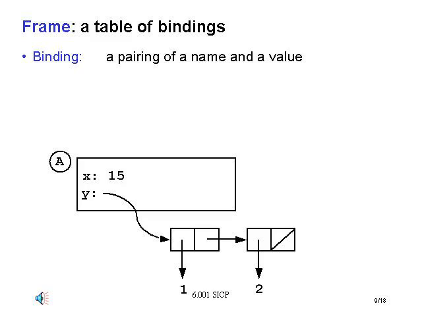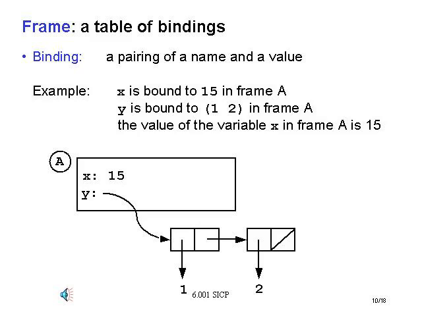It has a binding for the variable x and a binding for the variable y. And in particular, we say that x is bound to the value of 15 within frame A, and y is bound to the value of the list 1, 2 within frame A. Notice that the value of the variable within this frame is therefore given by the value of 15. Or a better way of saying it is, the expression x has a value associated with this frame, and it's the value obtained by looking up the binding of x with respect to this table.